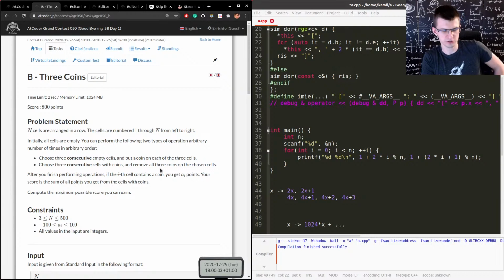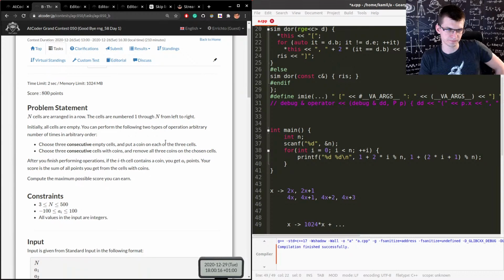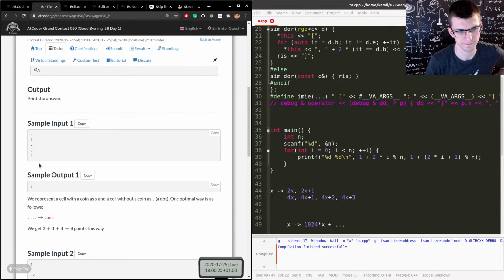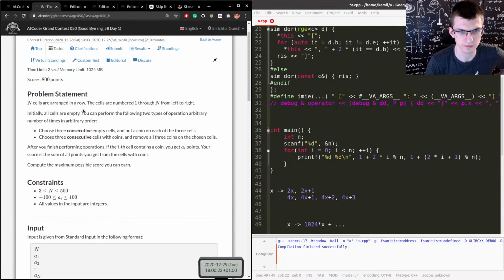You have a binary string. You can change 3 consecutive equal bits, like same bits, into the other type. All right. I like short statements. We start from what? Oh, all cells are empty. We start from empty binary string, with zeros.